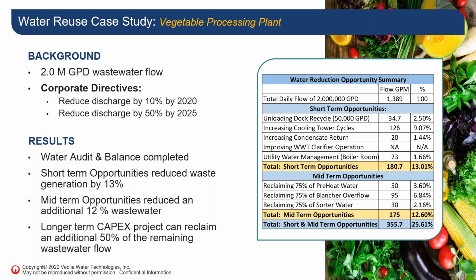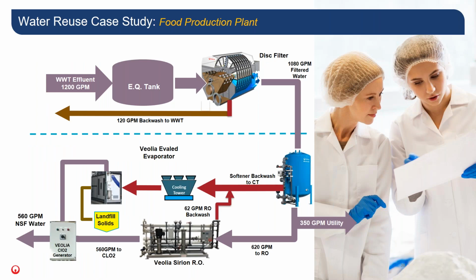And longer term, looking down the horizon, a capital expense project to put a full flow reclaim system on the waste treatment effluent should be responsible for reclaiming another 50% of the remaining wastewater flow. So again, starting with tightening the belt and moving toward initiatives after that, you can see the types of impact that you can have, and possibly some of these you can see in your own facility.